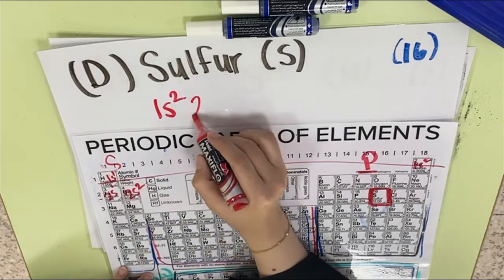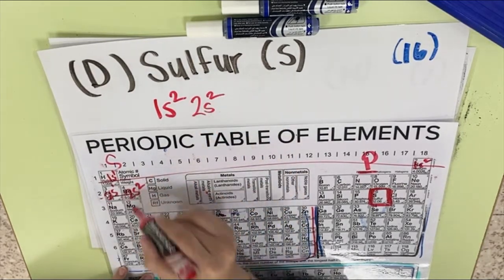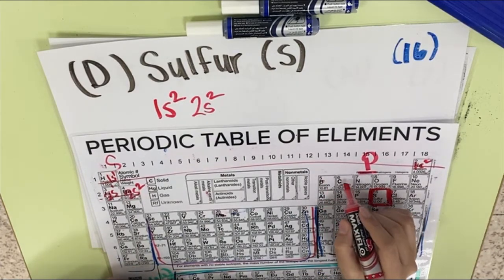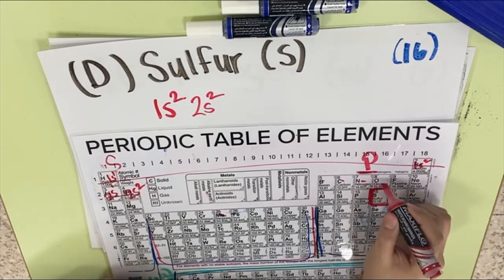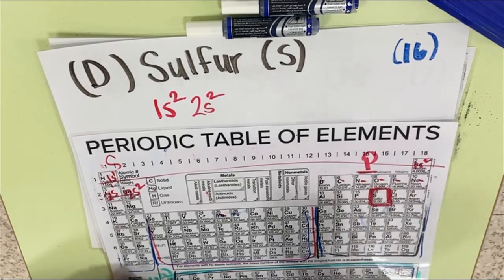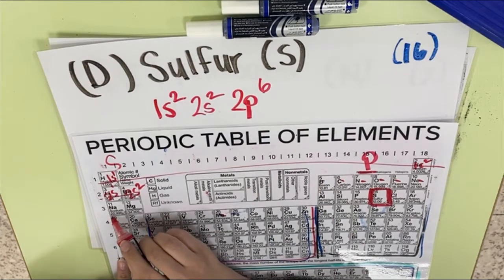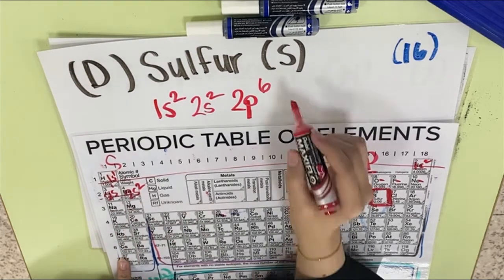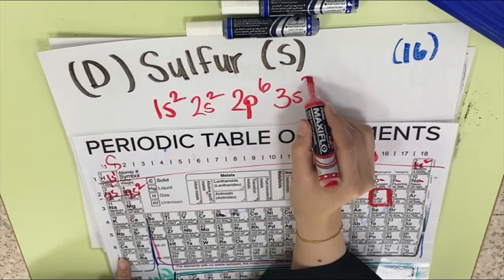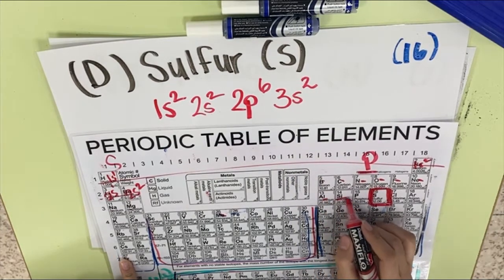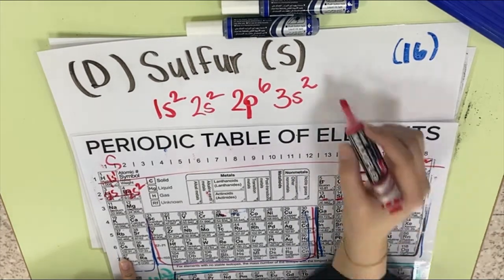So we have 2s2 because we finished the S block. Going on to the P block. 2p1, 2p2, 2p3, 2p4, 2p5, 2p6. Let's go to the third. 3s1, 3s2. And then 3p1, 3p2, 3p3, 3p4.